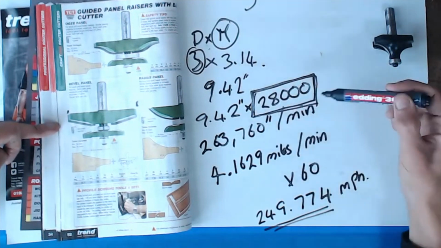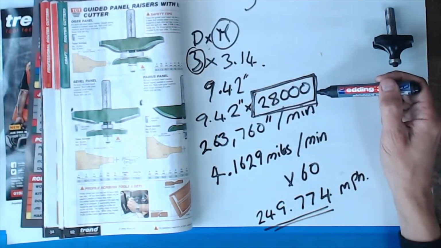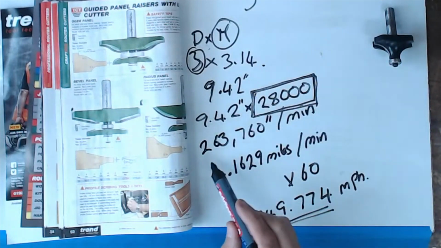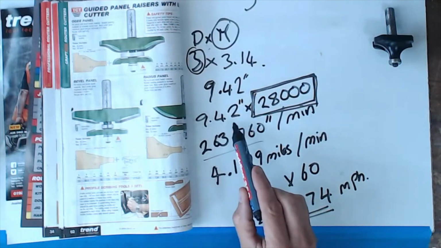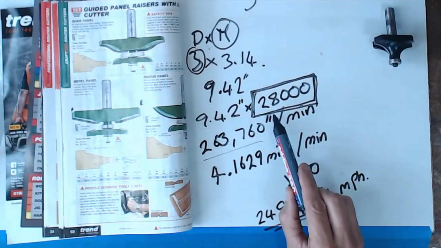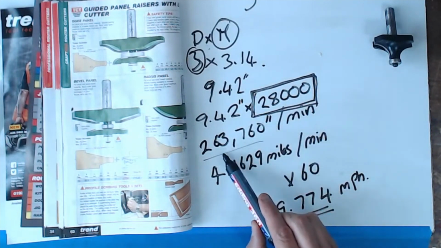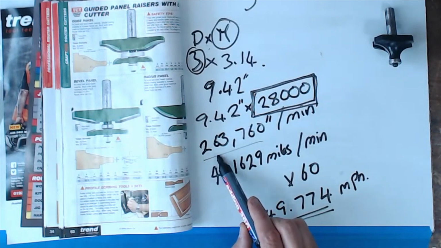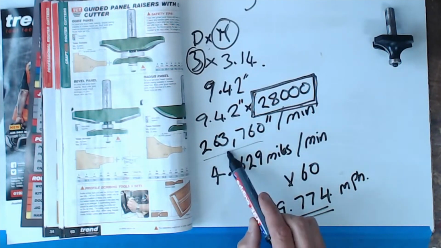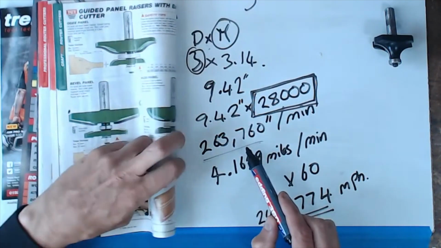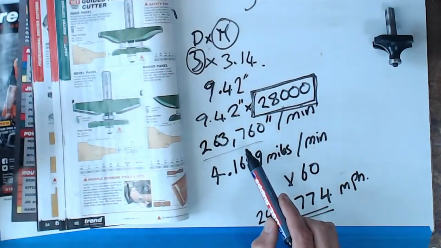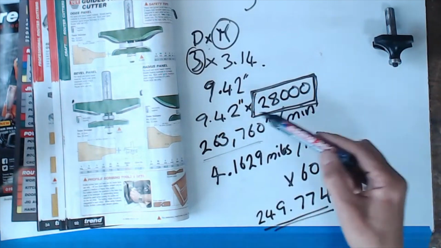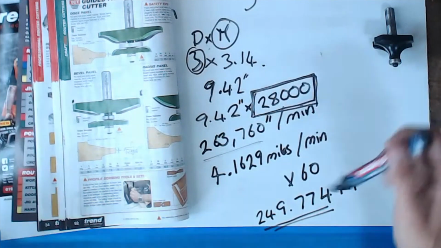Because if we drop that number, we drop this number, because if we multiply 9.42 inches by a smaller number than that, this will be less. So even if we drop that by half, we get that down to 132,000, which is not far off our original number.